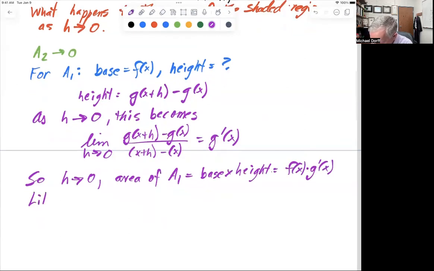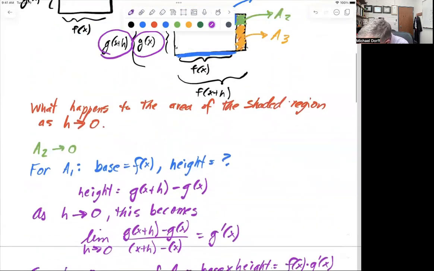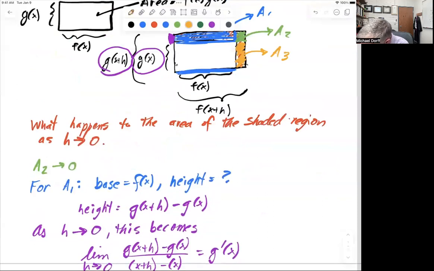And likewise, if we look at area 3, as h goes to 0, the area of A3 is going to equal the base of that rectangle times the height. That's going to be this orange shape here.